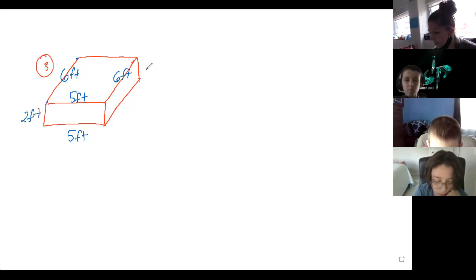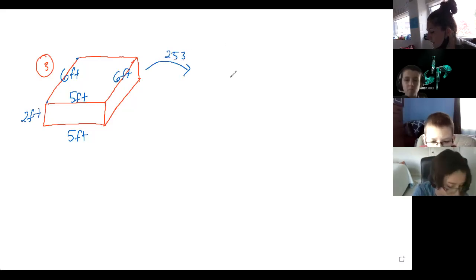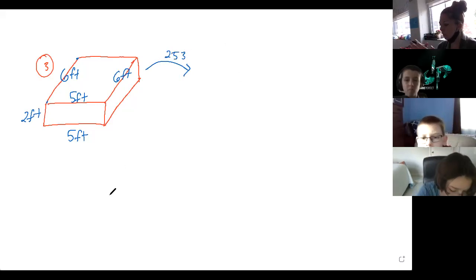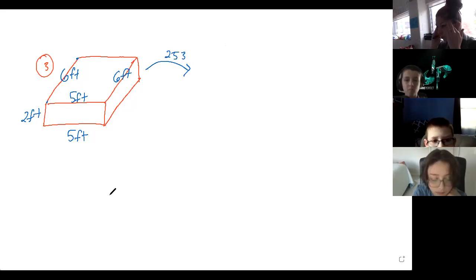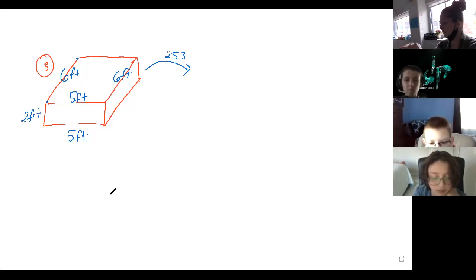If you need help unrolling this shape, look at workbook page 253, and you'll see that you have to unroll a rectangular prism to show the top, the bottom, the left, the right, the front, and the back. If it makes more sense for you to unroll it coming at you or coming apart left to right, you decide.